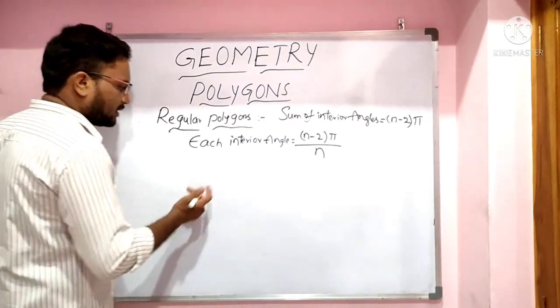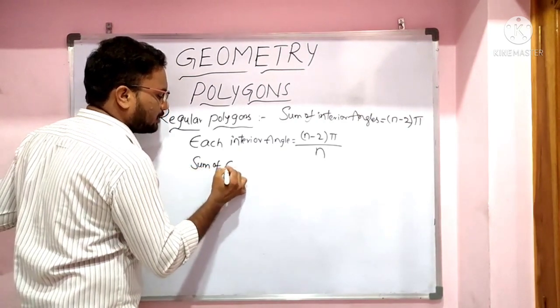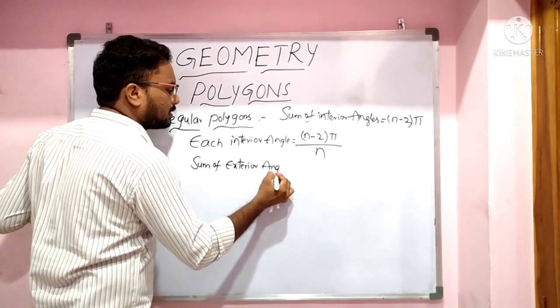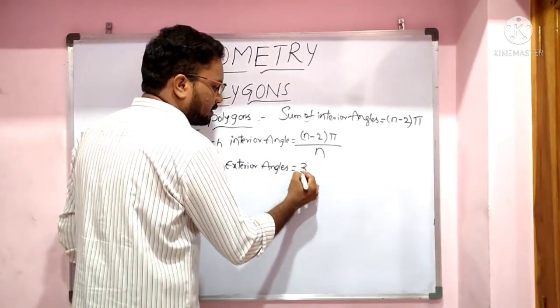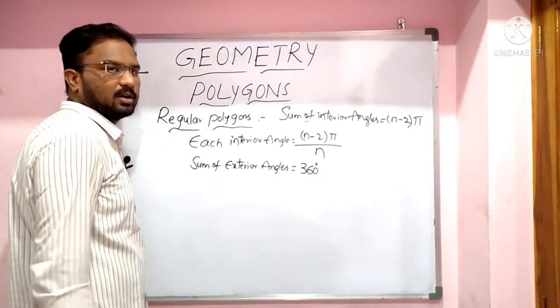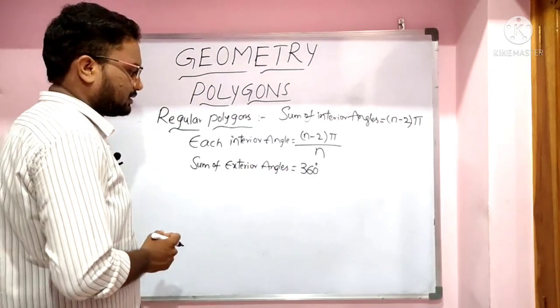And next, the sum of exterior angles is equal to 360 degrees. It is always constant for any polygon. For any regular polygon, the sum of exterior angles is equal to 360 degrees.